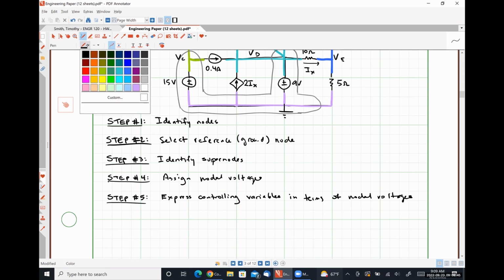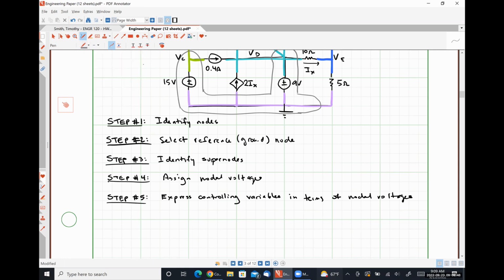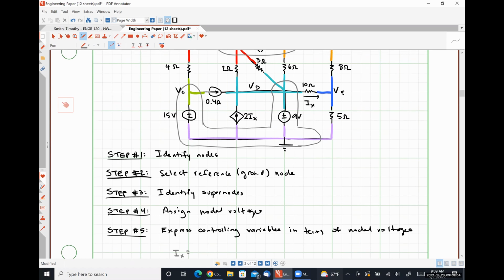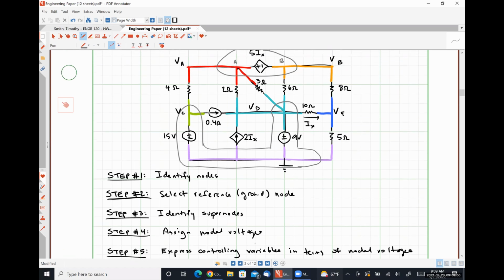So in this case, all of our dependent sources are controlled by the current Ix, right? Our dependent voltage source at the top depends on the current Ix. Our dependent current source at the bottom depends on Ix. So how do we express Ix in terms of our nodal voltages?